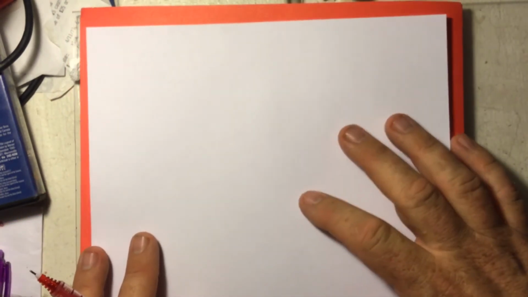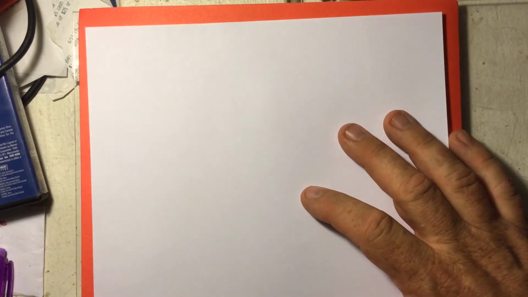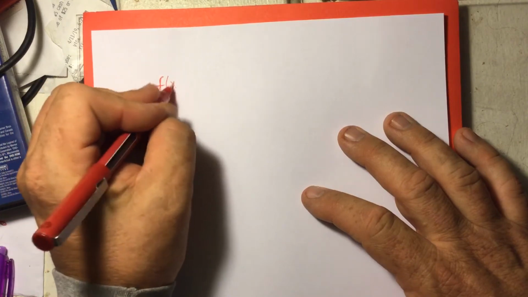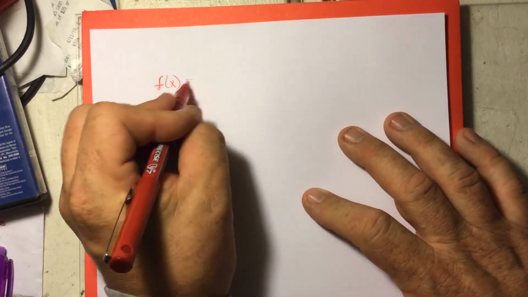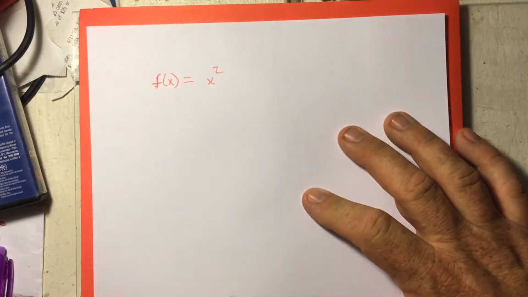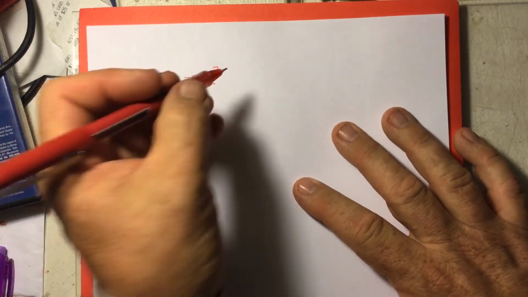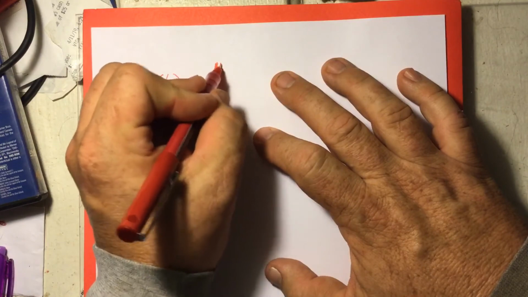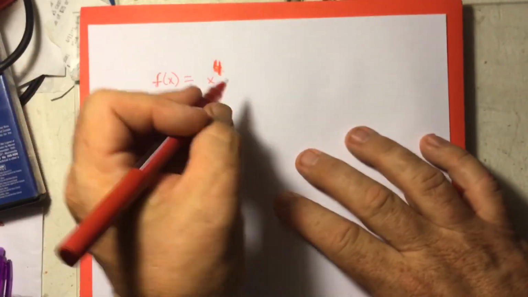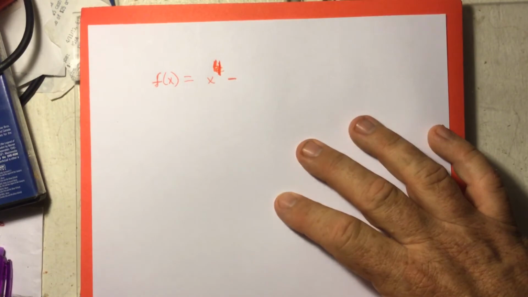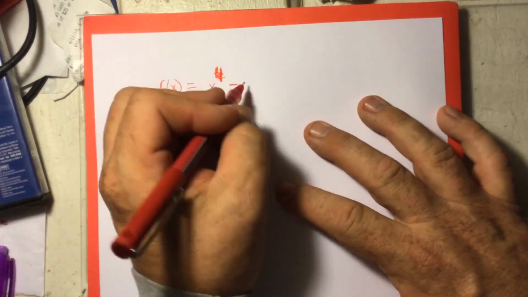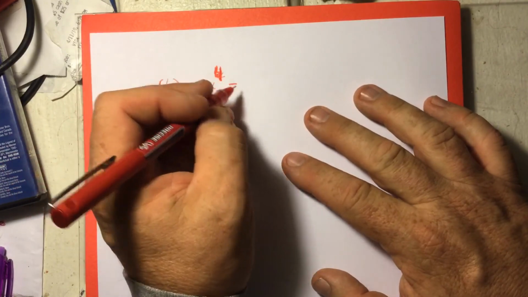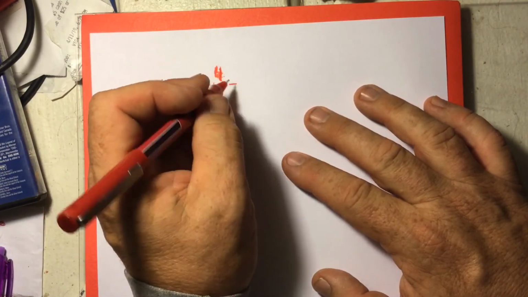All right, so let's do f of x, a little function notation there, is equal to x to the 4th, sorry, x to the 4th minus, I'm trying to think of this one in my head.